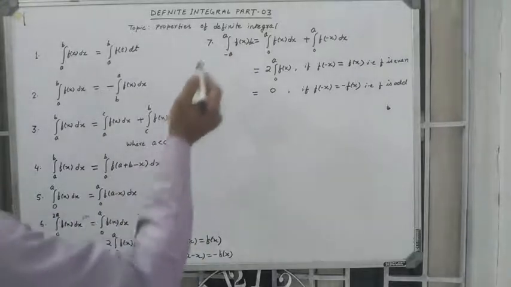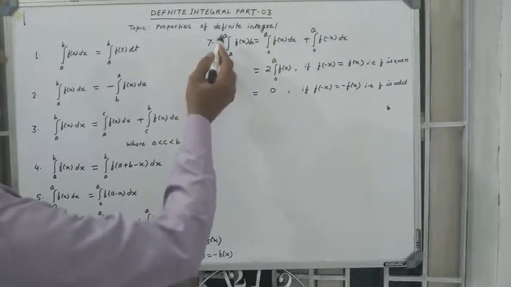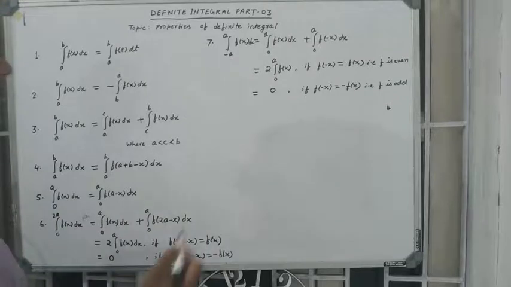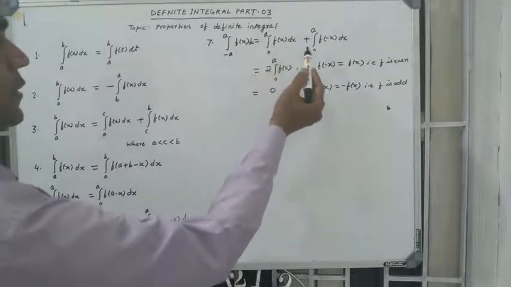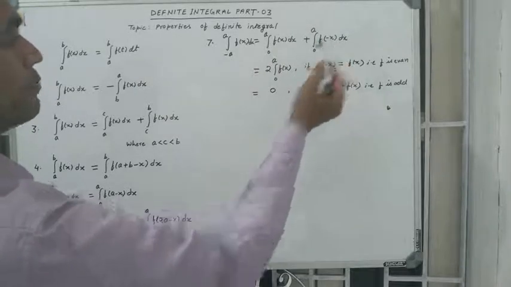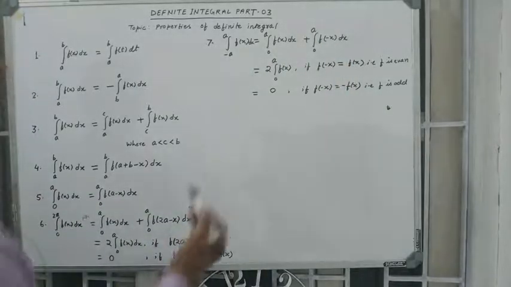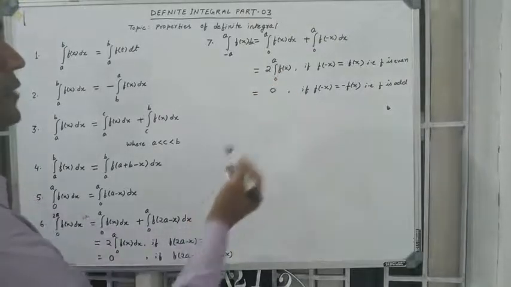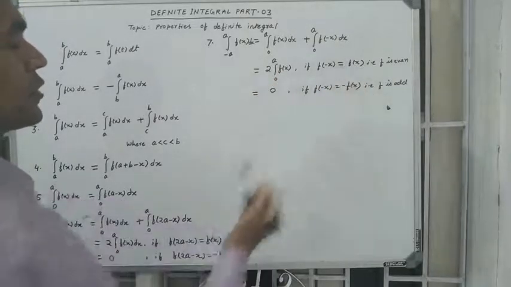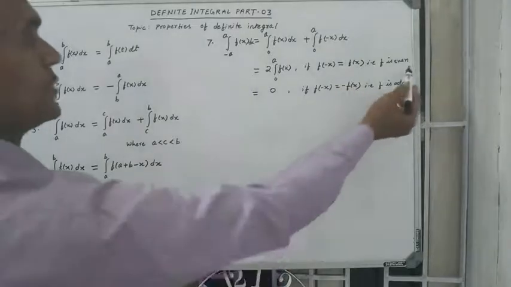Now the seventh property: the integral from minus a to a. This is equal to the integral from 0 to a of f(x) plus the integral from 0 to a of f(minus x). So it will be twice the integral from 0 to a of f(x) if f(minus x) equals f(x), that is, f is even.